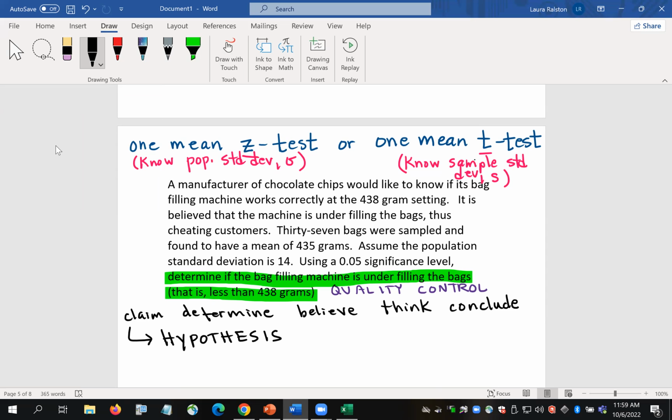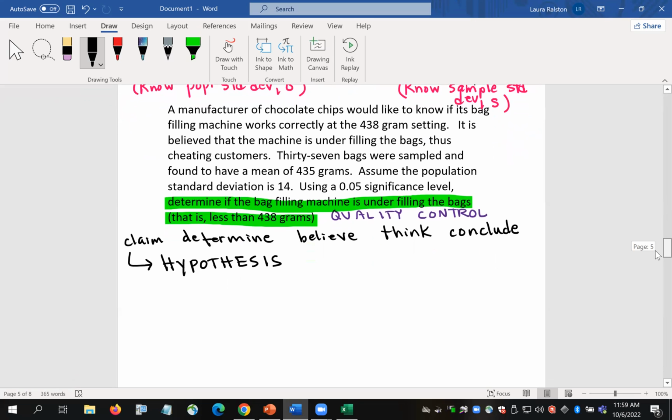Okay, one of the hypotheses, whether it's the null hypothesis or the alternative hypothesis, will be given or stated in the scenario. Now, the challenge becomes you have to decide which hypothesis you have.